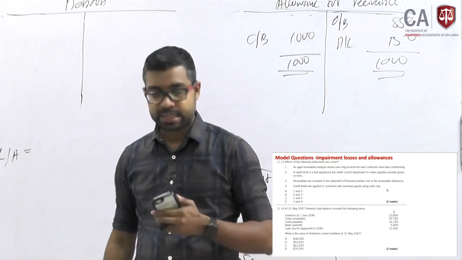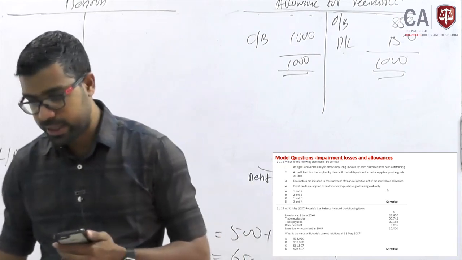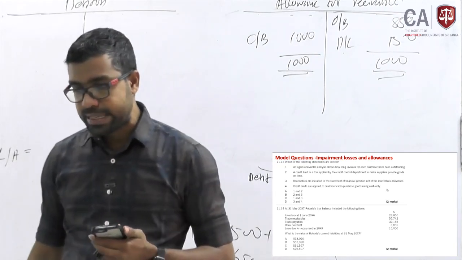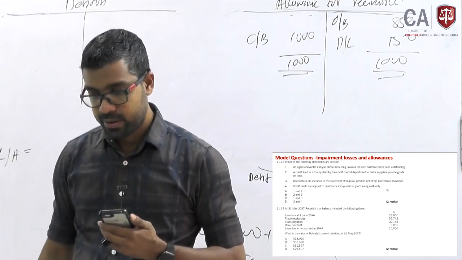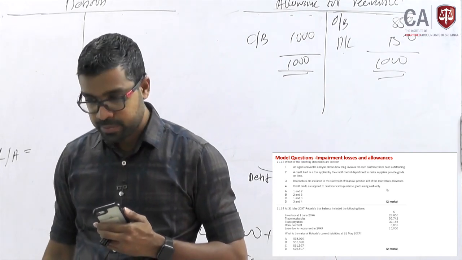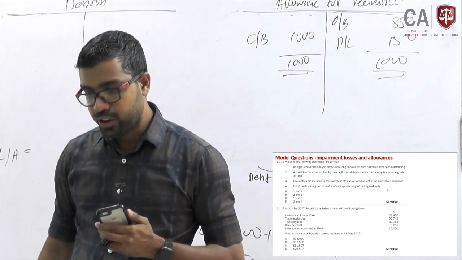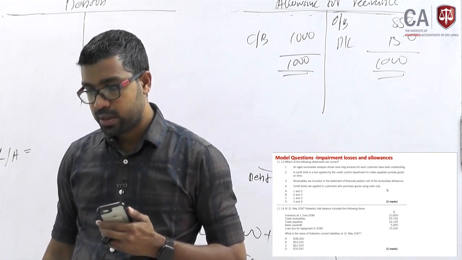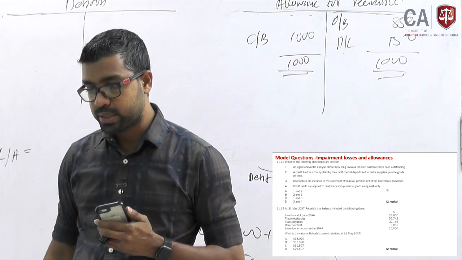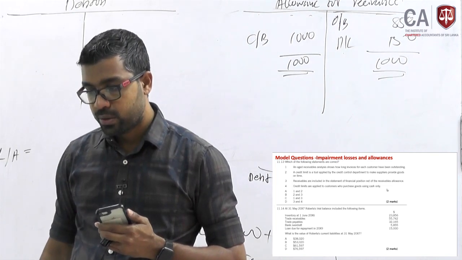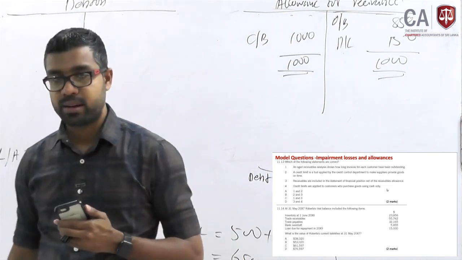Question number 13, right? Which of the following statement is correct? They ask for the correct statement, right? An age receivable analysis shows how long invoices for each customer have been outstanding.